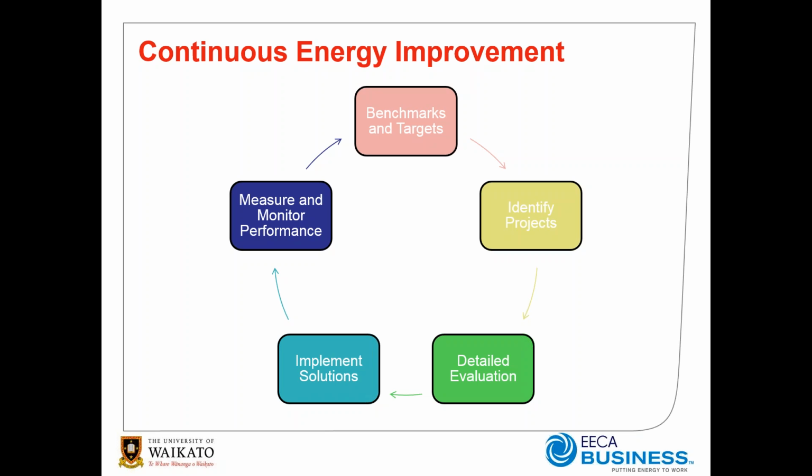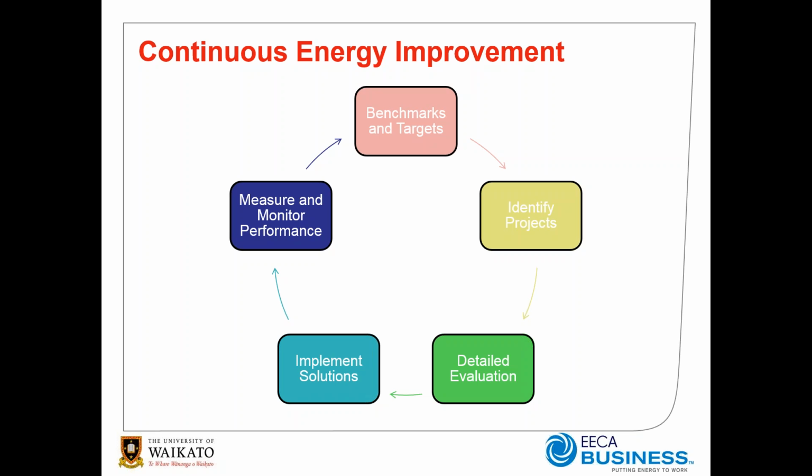Alternatively, or at the same time, you may identify a project where a process operations optimization can occur, and that can also be identified through this analysis we're going to present. And then thirdly, it may identify a project where you need to invest in new technology.